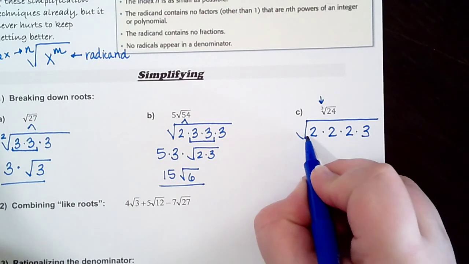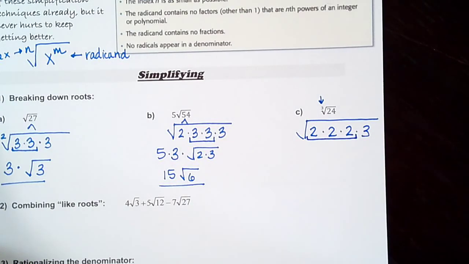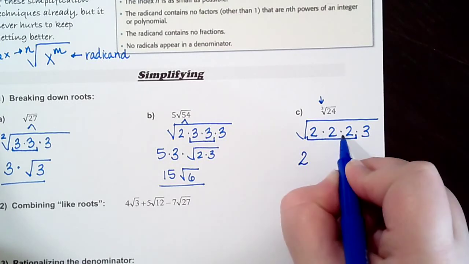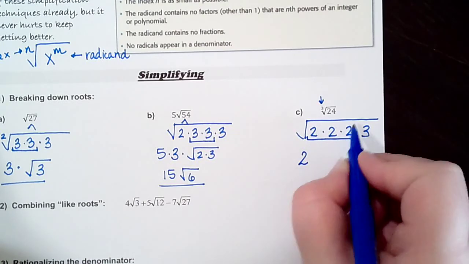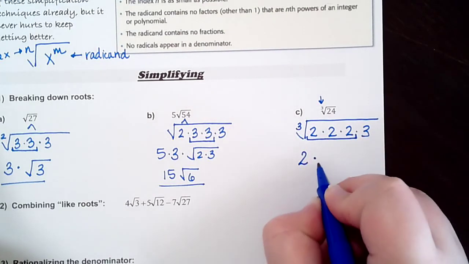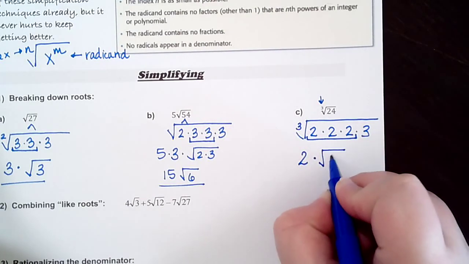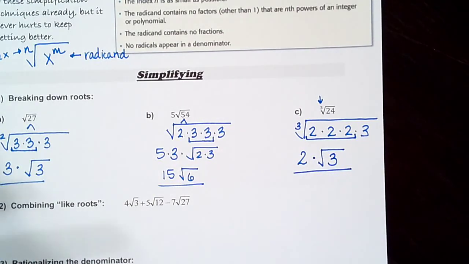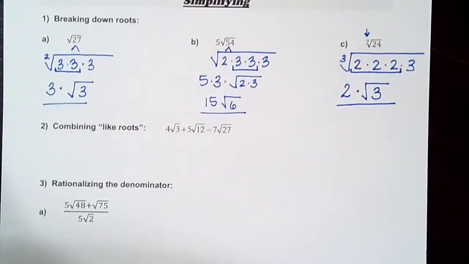Again, taking out triples. There's the triple I'm going to take out to the front. This would be 2 cubed. The cubed root of 2 cubed is just 2. Oop, I should put my 3 there. And then, of course, whatever is left over in the radical, we're just going to leave alone. You don't need the multiplication sign. I just do it for posterity.